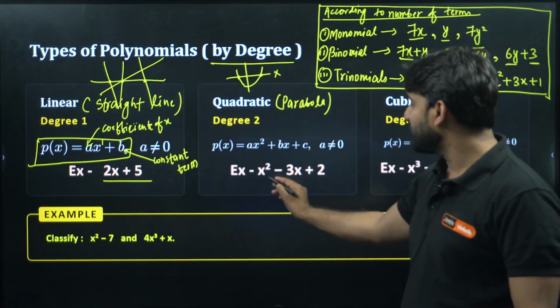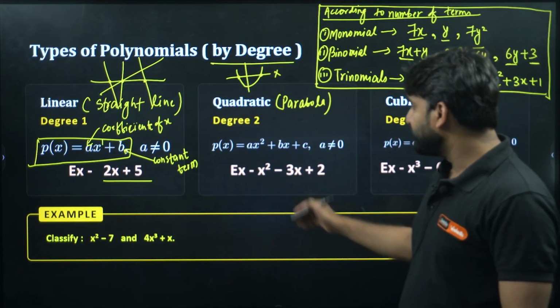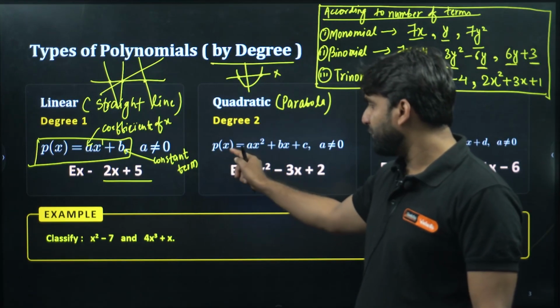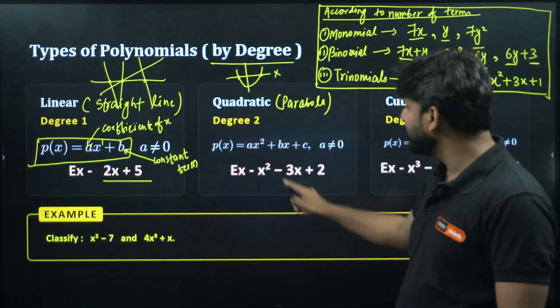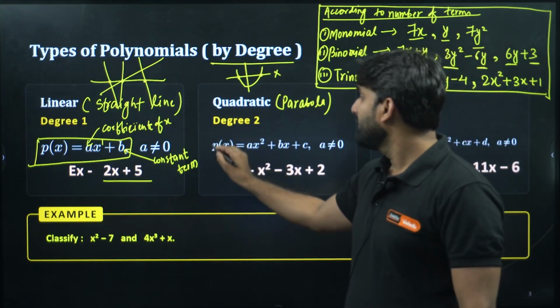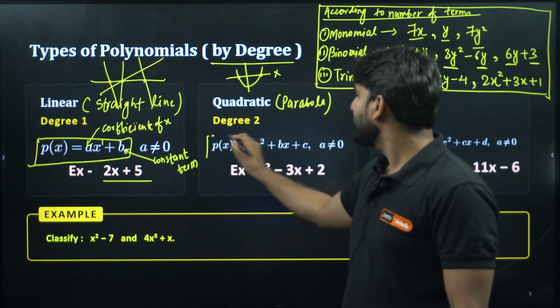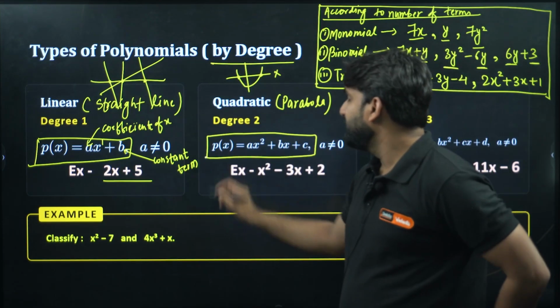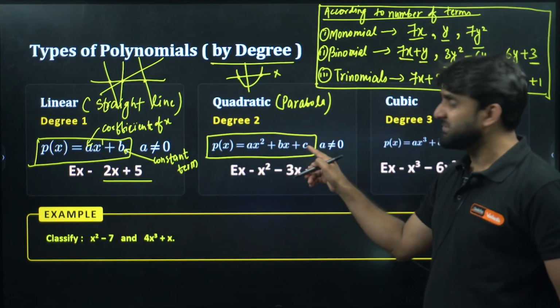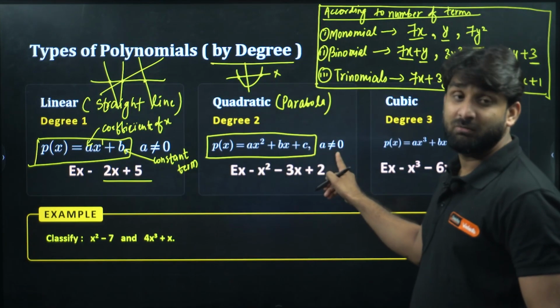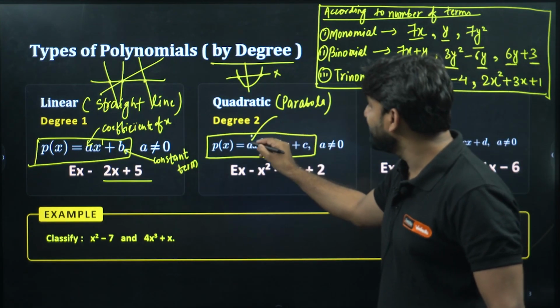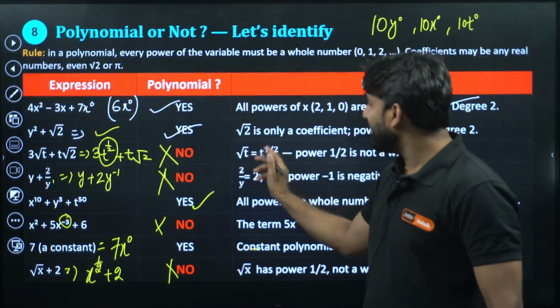For example, x square minus 3x plus 2. So P represents the polynomial, x represents that it is in terms of x, and this is the general format. P(x) is equal to ax square plus bx plus c is equal to 0, but a should not be equal to 0, because if a becomes 0, this entire term will be deleted.